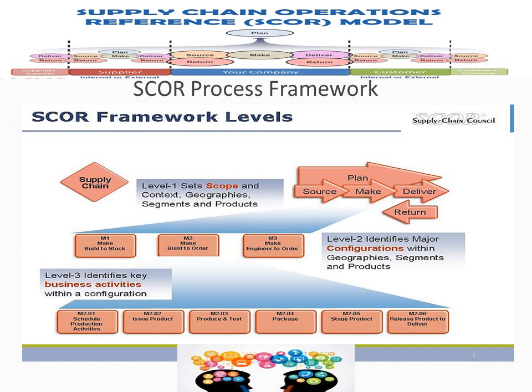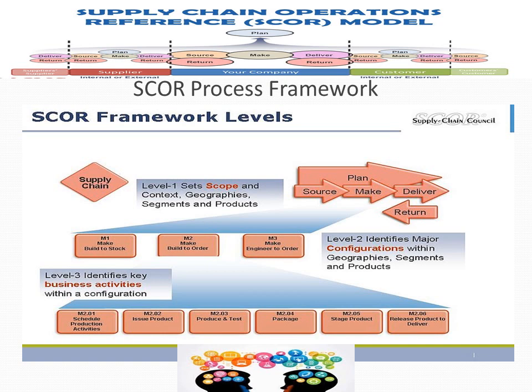In the second level, we identify the major configuration within geographies, segments and products, that is, how we are actually going to do the work to achieve the objective or scope we determined in level 1. So we will make the goods, or make and stock, or make to order. All these kinds of strategies we are going to decide in this level.